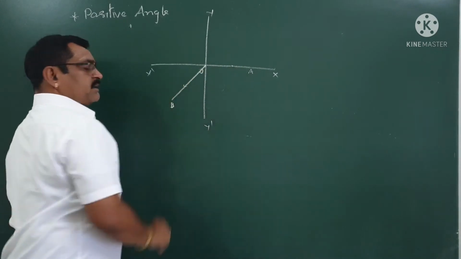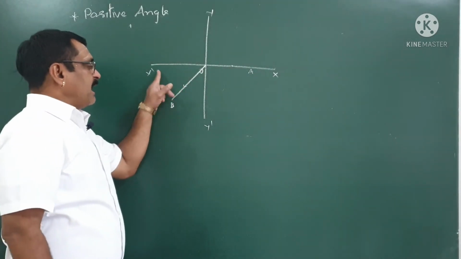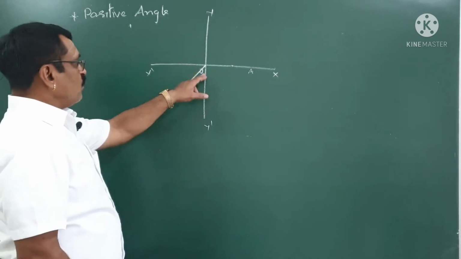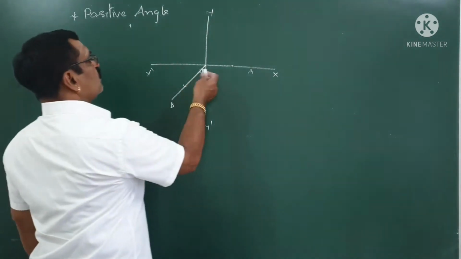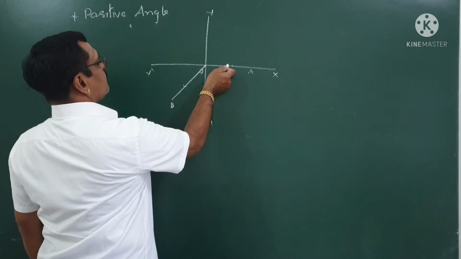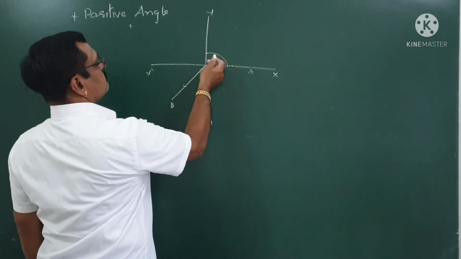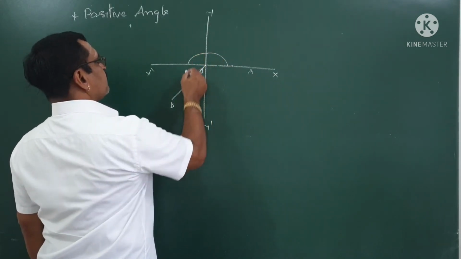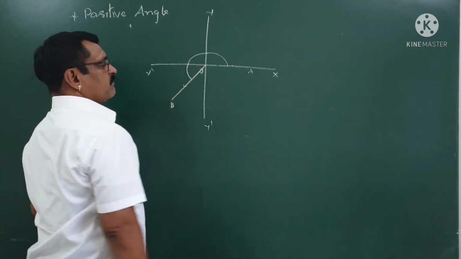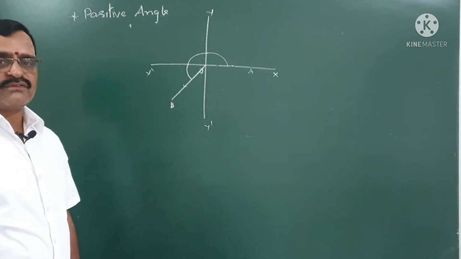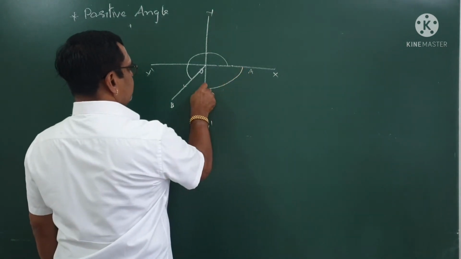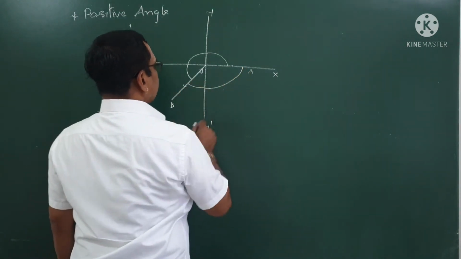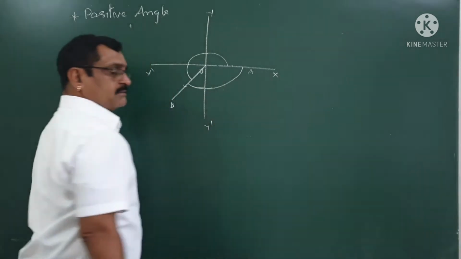Let us assume that OB is the angular bisector of OX prime and OY prime. Numerically, this is 90, another 90, and this 45, total 225 degrees. In this direction, 90 and 45 is 135.